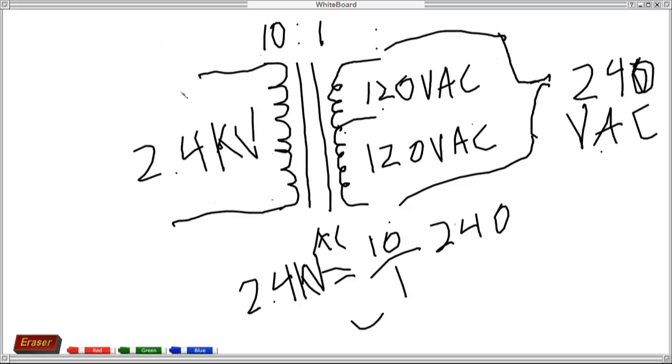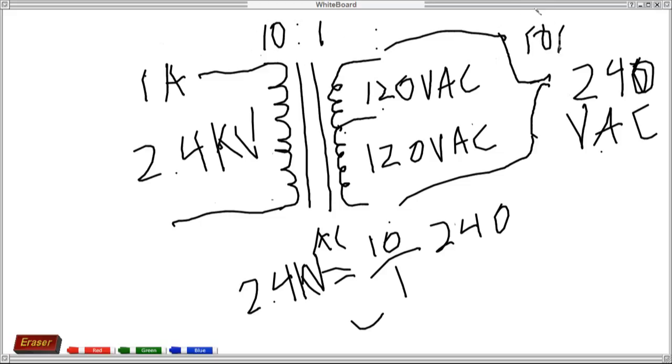So let's say, for example, you're feeding it 1 ampere of current here. What you would get on this end, times 10, is 10 amperes.